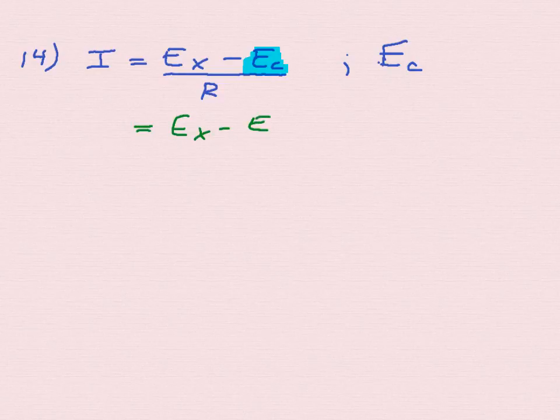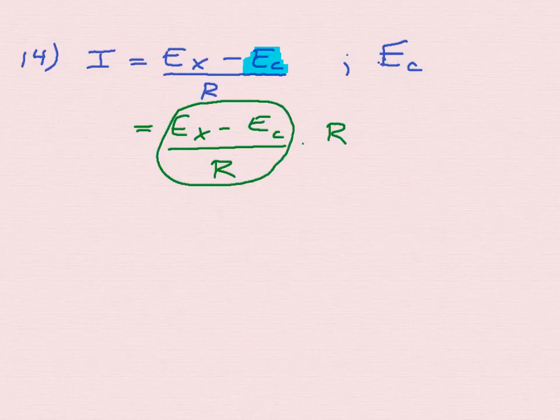That's not that hard. Right now both sides are divided by r, and this whole thing, the way that it's written as a fraction like that, is only one term. It's EX minus EC divided by r. Do the same thing to both sides: multiply the other side by r.